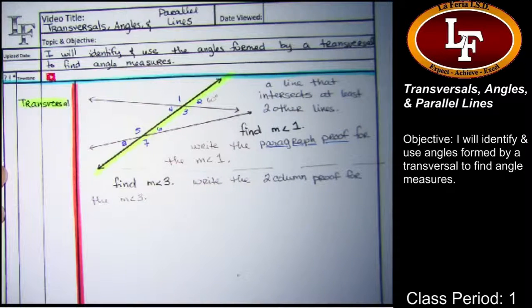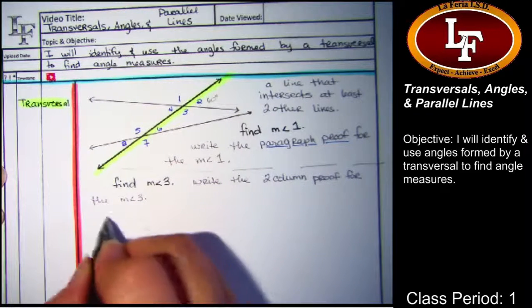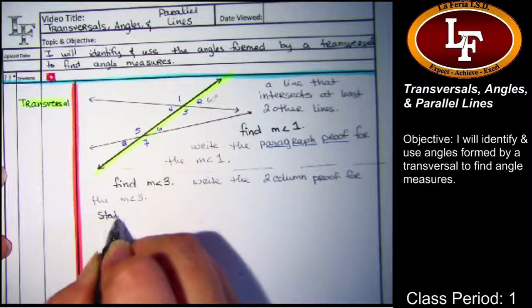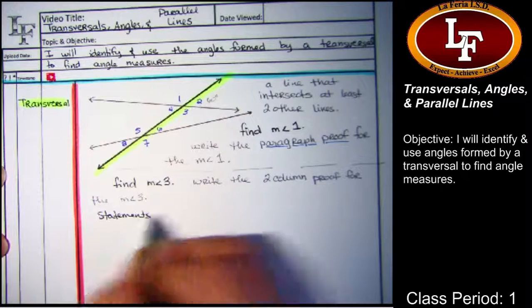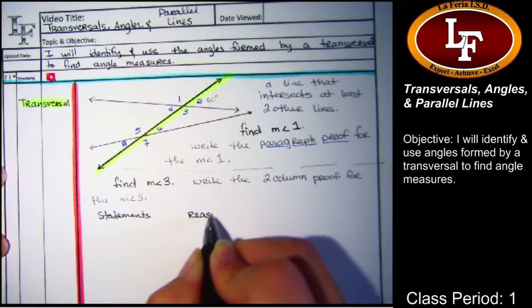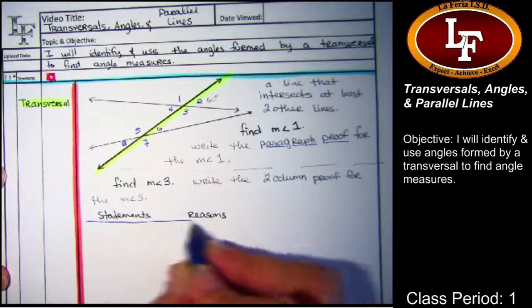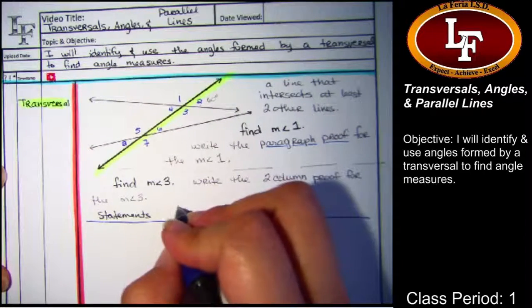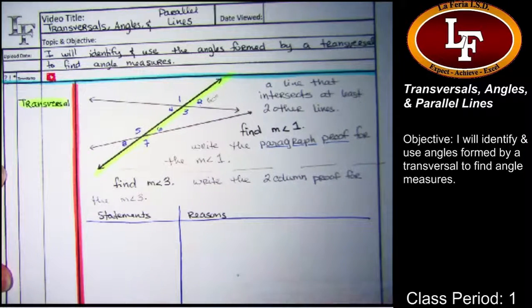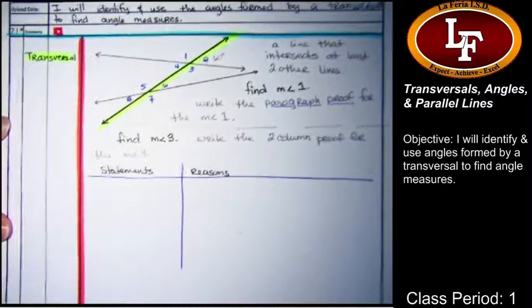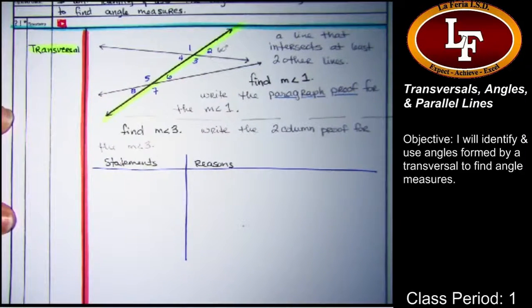The 2-column proof is something that you are very familiar with already. Look familiar? A two-column proof has statements and reasons. Does that look familiar? Yes.